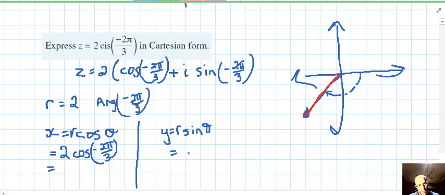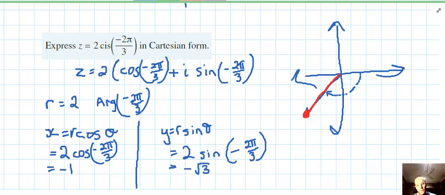Likewise for y, we have 2 sine negative 2 pi over 3. Make sure you're in radians mode. Enter it in, and we get negative 1 and negative root 3 for our answers. So those were the values of x and y.